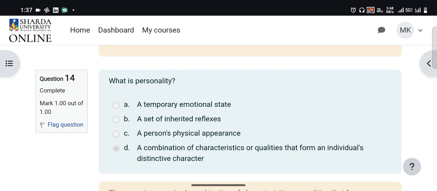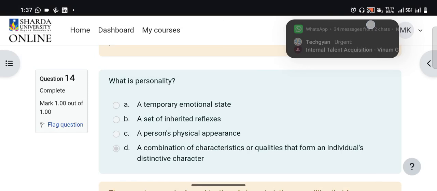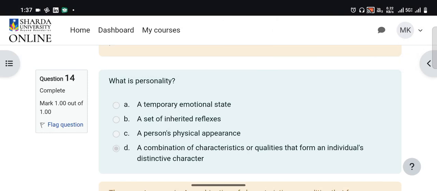Option D, a combination of characteristics or qualities that form an individual's distinctive character.